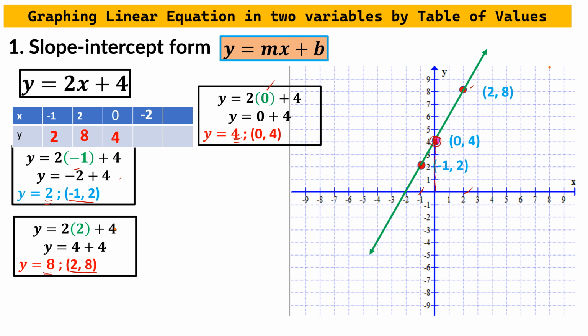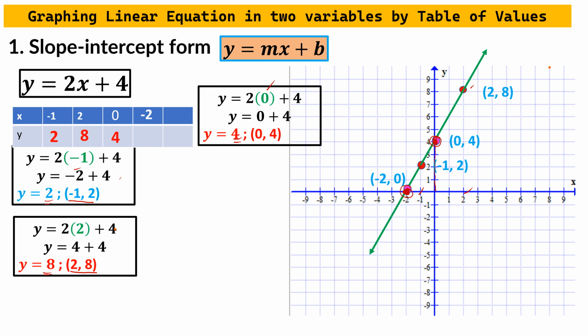What if you are given a negative 2? So you try to see where is our negative 2. Here is our negative 2. And still, if I will have a dot on this particular point, what will be the name of this point? And is this still part of the line?